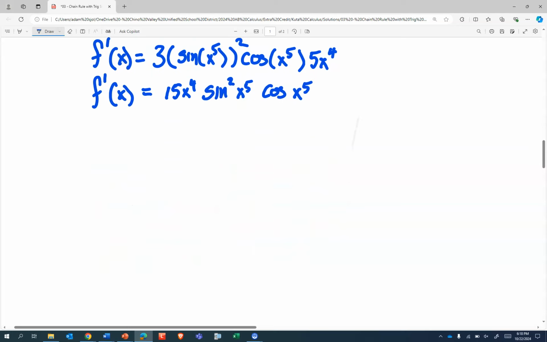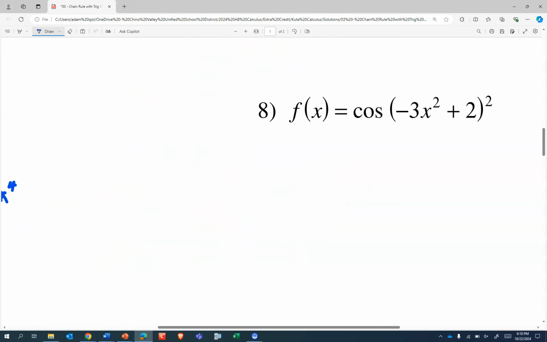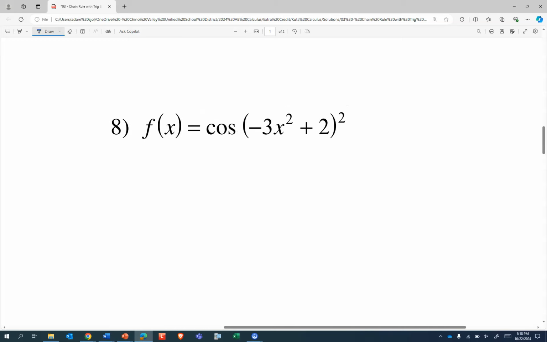I think we just have one more. Cool. And, okay, looking at structure here, exponent 2, that's just on the input. So we deal with the derivative of cosine first, negative sine of the same input.